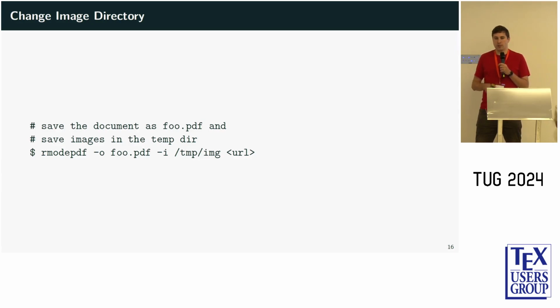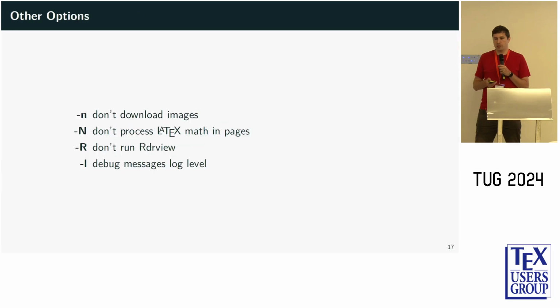And by default, it downloads images to the images subfolder of the current path. So if you want to use, for example, some temporary directory, you can use the I option, and there are some other options.